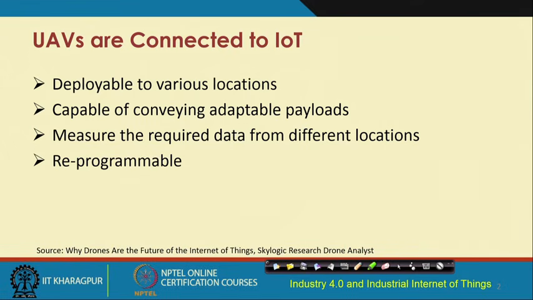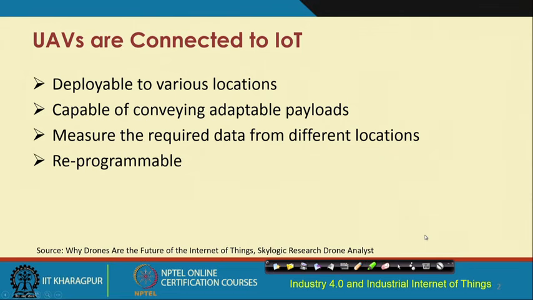So, UAVs can help in measuring different data from different locations, particularly collecting data from remote locations, hard to reach locations, locations which could be hazardous for human beings and so on. UAVs can also be made reprogrammable. That means these UAVs can help cater to certain requirements, and if those requirements change dynamically, they can be reprogrammed. Many different things can be done with these UAVs and these connected UAVs or swarms of UAVs.